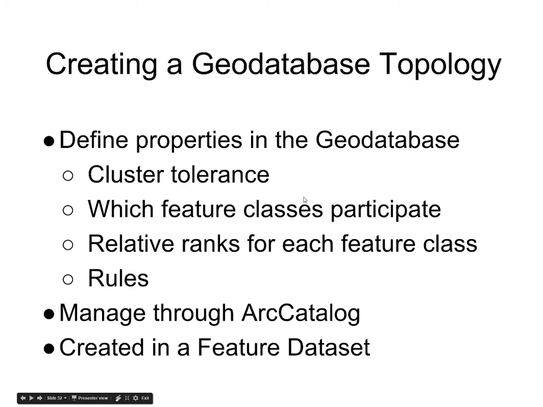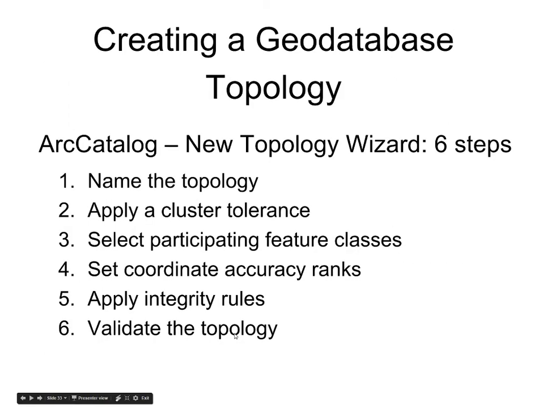So when you create a geodatabase topology, you define properties in the geodatabase, things like the cluster tolerance, which tells you the distance between features before they're considered coincident, which feature classes participate, relative ranks for each feature class, for which feature class moves to the other feature class, and a set of rules. All of this is managed through ArcCatalog and created in a feature dataset.